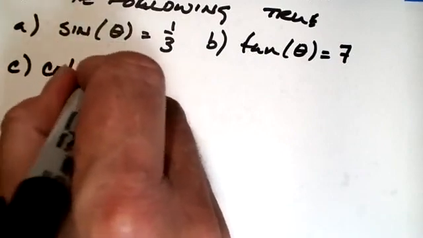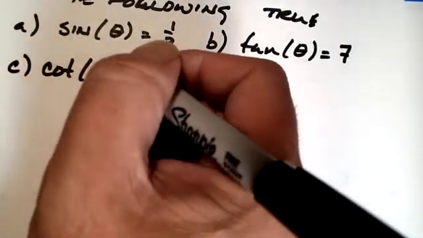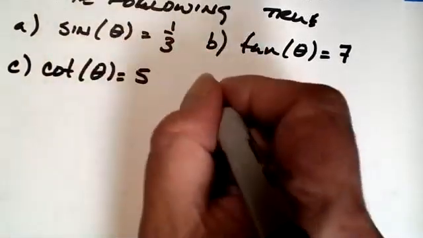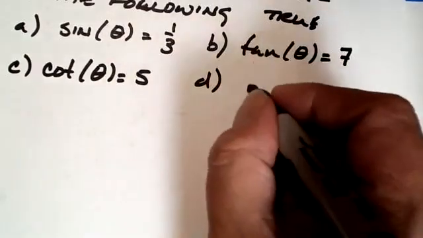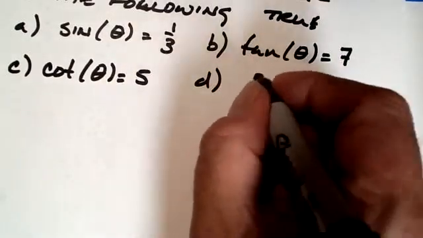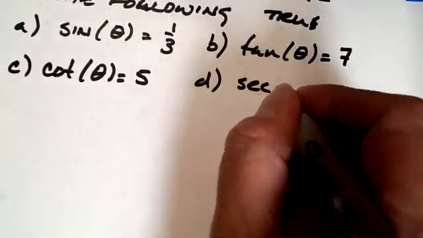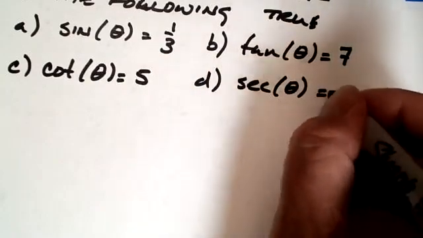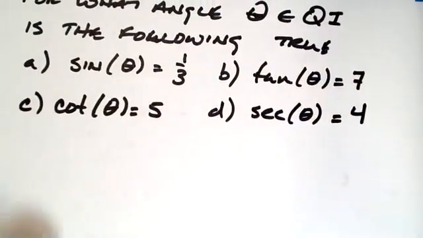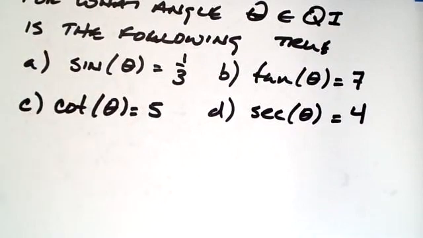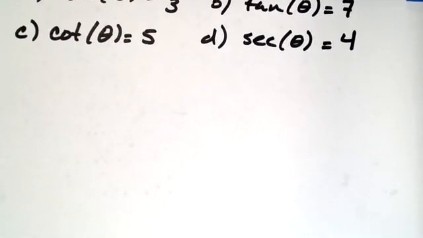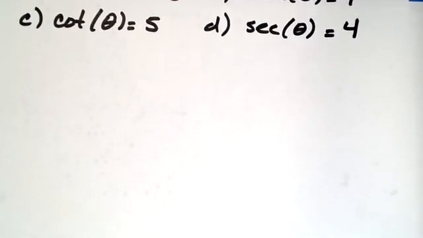Then let's do cotangent of theta equal to 5. How about secant of theta equal to 4? Now none of those are values that we've said are exact values for certain angles, so we're going to have to use a calculator to get them, and each one works a little bit differently.